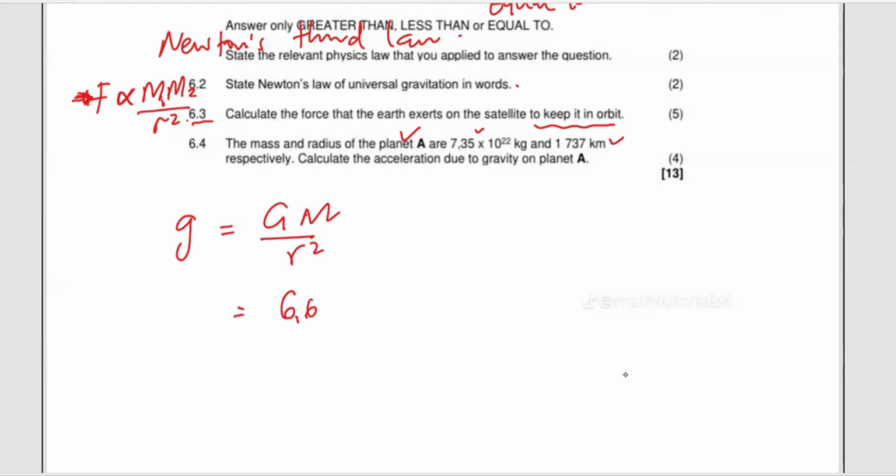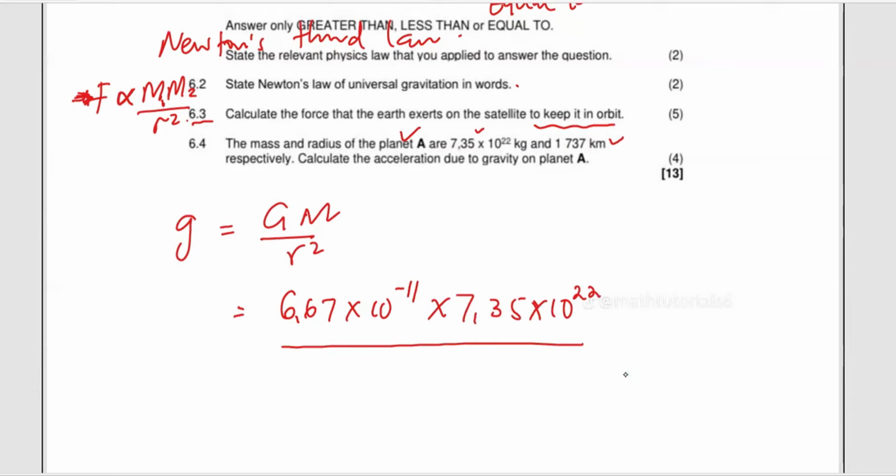So 6.67 times 10 to the negative 11, the mass is 7.35 times 10 to the 22. The distance of separation is in kilometers. We need to change this to meters. It's going to be 1737 times 10 to the 3. This needs to be squared. Okay, so when we punch this into the calculator, what will be the gravity?